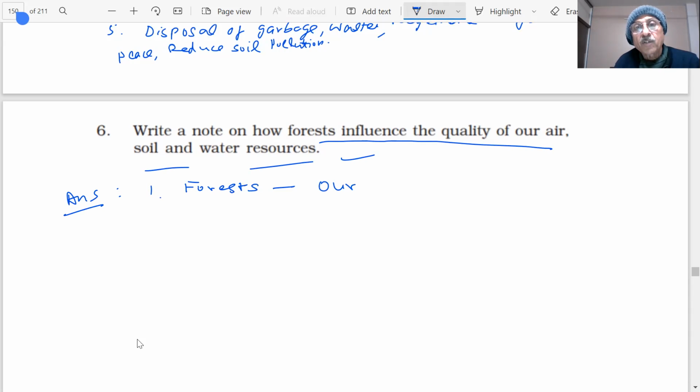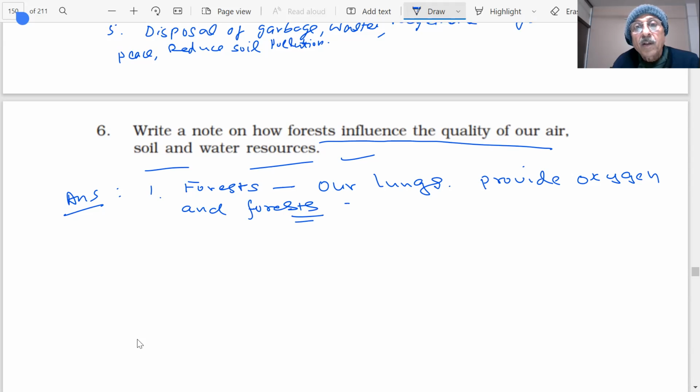Forests are our lungs, students. They provide oxygen, okay? They provide oxygen, and what else do they do?